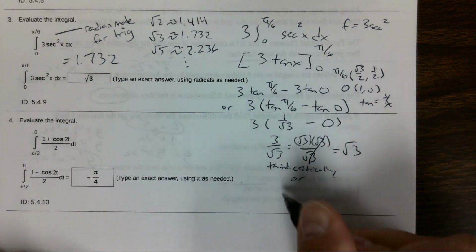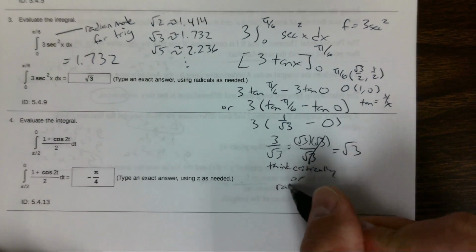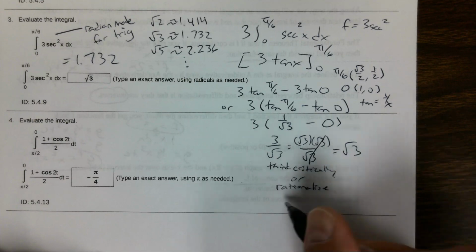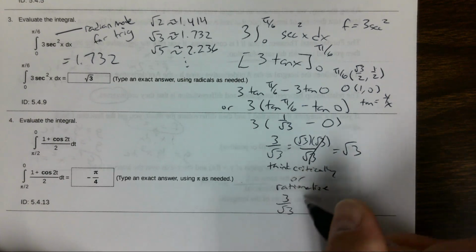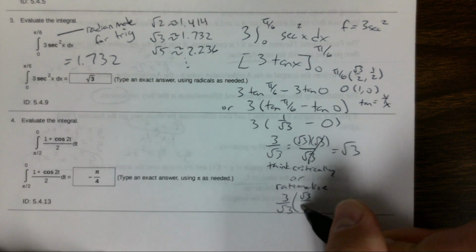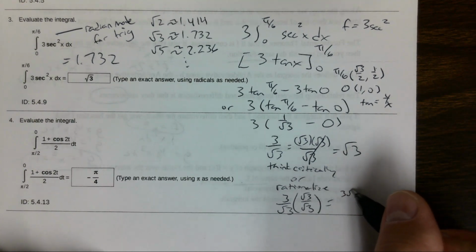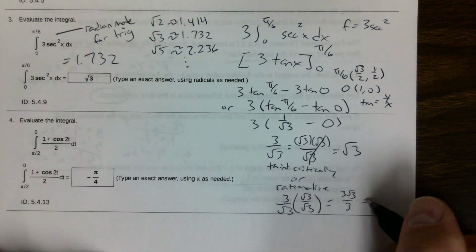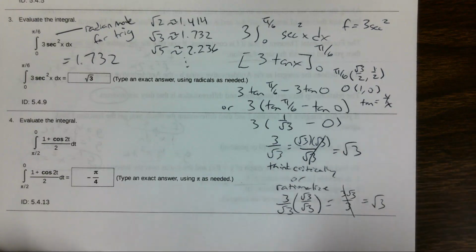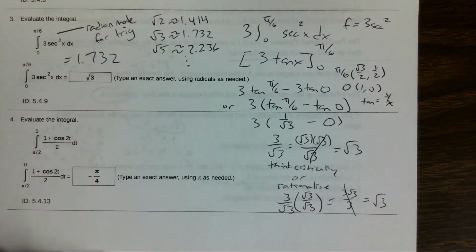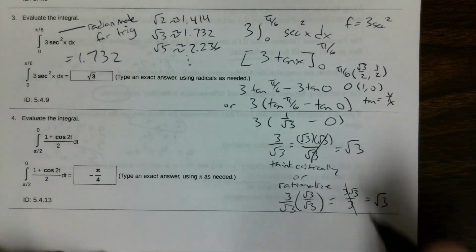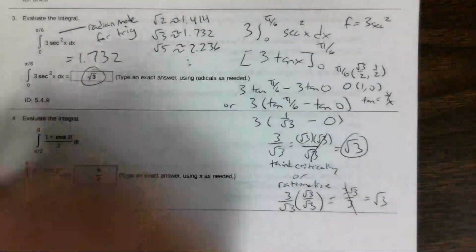Now, if you didn't like that, you could have done rationalize. So if you have 3 over square root of 3, then you multiply by square root of 3 over square root of 3. And so then you get 3 square root of 3 over 3, which then turns into square root of 3. So in either case, you get the correct answer.